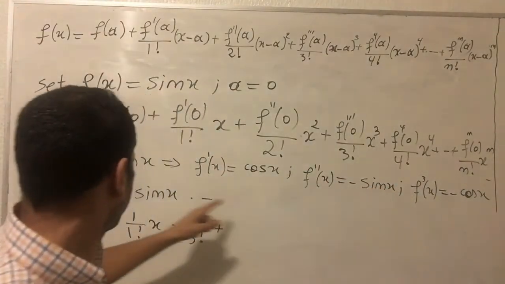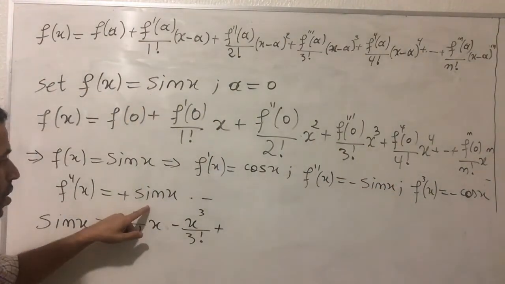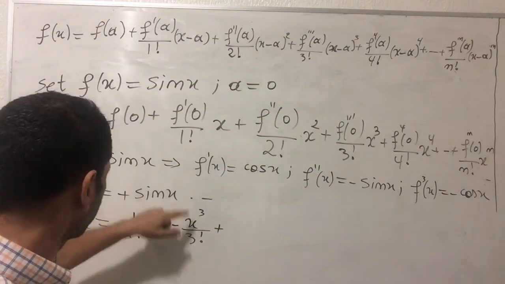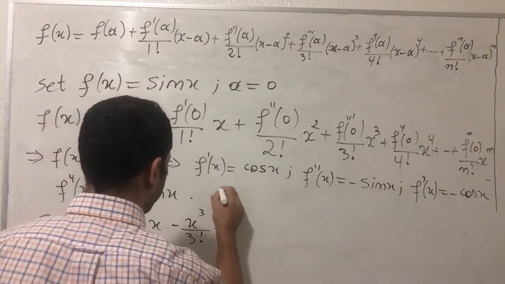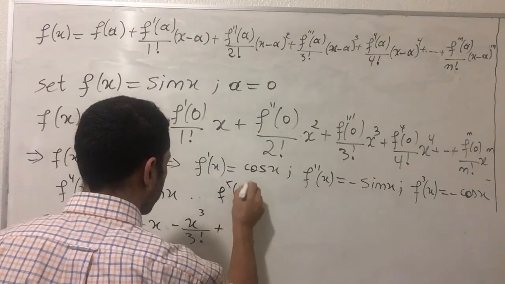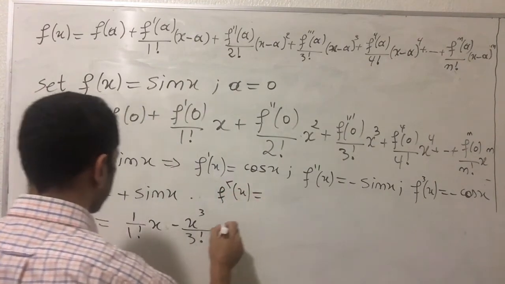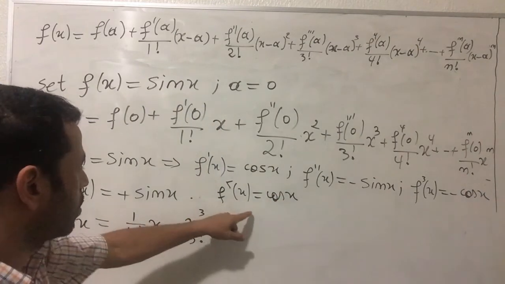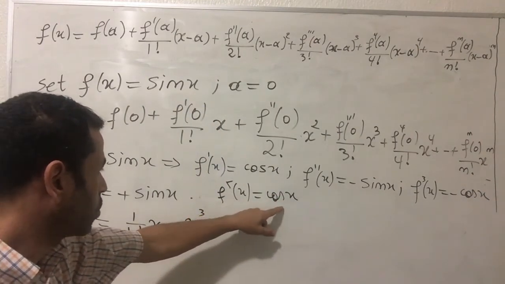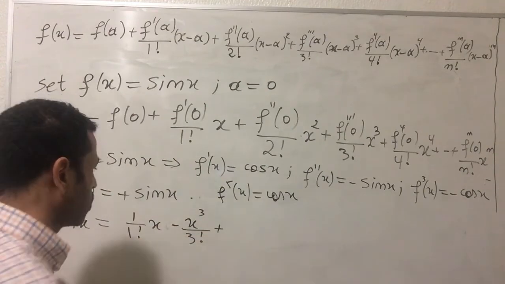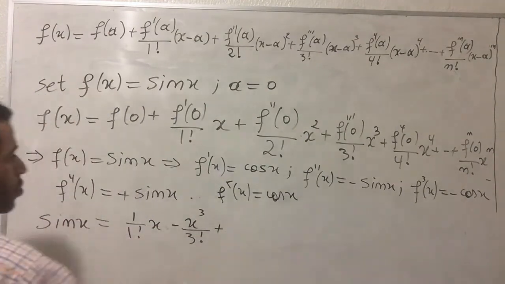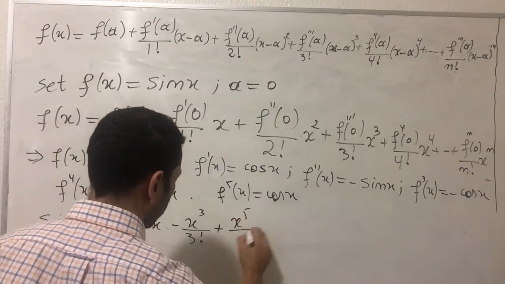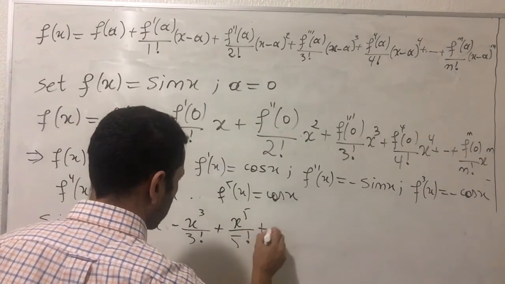Okay, let's move on to the fourth derivative. If you plug 0 into the fourth derivative, which is sine, it gives you 0. Okay, let's move on to the fifth one. The fifth derivative is cosine x. If you plug number 0 into cosine, it gives you 1. So that means x to the 5 over 5 factorial, and so on.